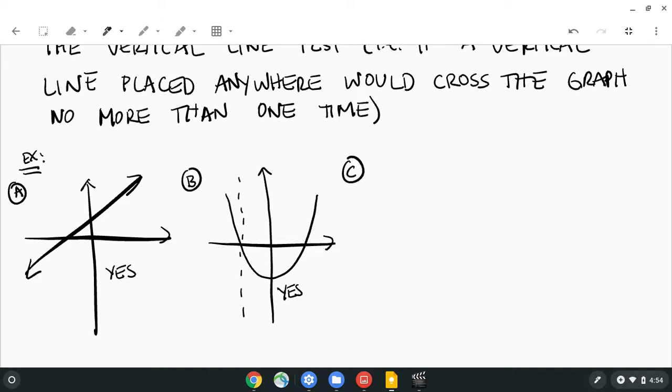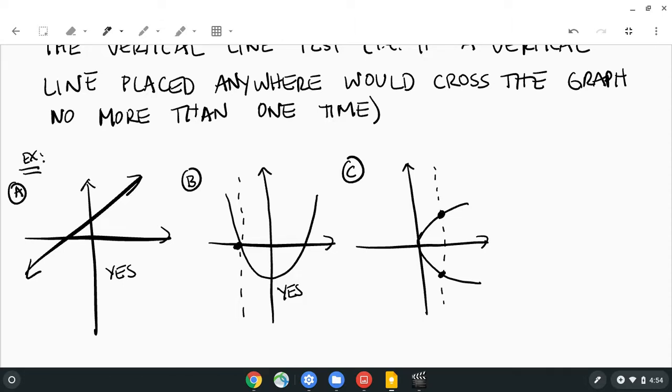All right, what about this? Suppose that I have this sideways parabola. Well, if I draw a vertical line anywhere, so if I just choose to draw it here, well, guess what? It crosses through the graph at 2 points, 1, 2. So it fails the vertical line test. Vertical line test says, like over here in B, it can only cross the graph once.